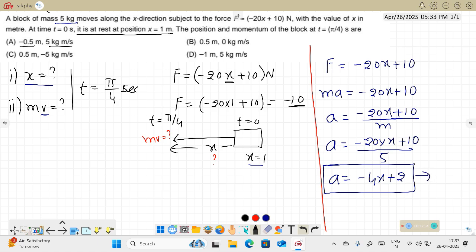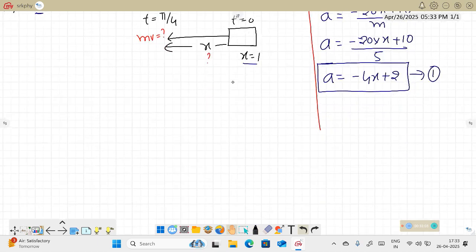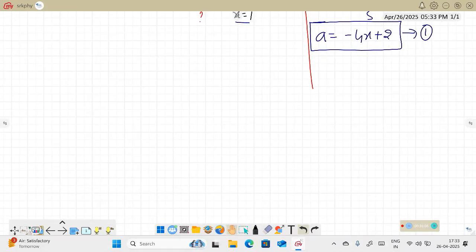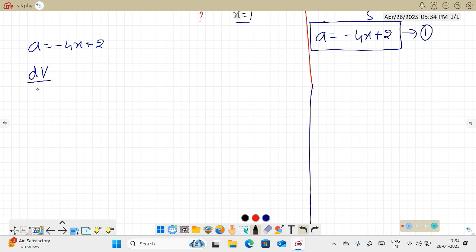So we got the acceleration, right? From this acceleration, I can get the velocity using the integration method. The acceleration we got is A equal to minus 4x plus 2, and you know that acceleration is equal to dv by dt.